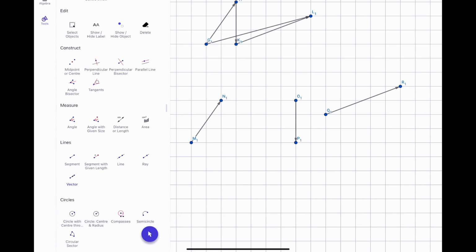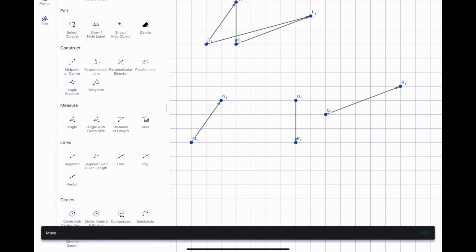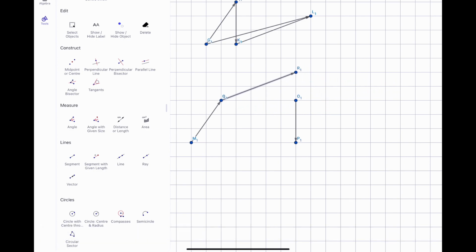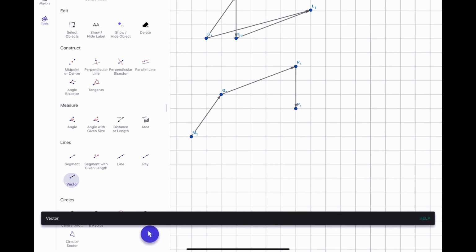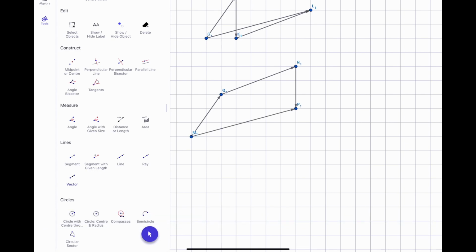Now let me just do it once more in a different way. So I will take this one first this time and put it here. And then I will take this one and put it here. And now I will connect this point to that point. So hopefully you can convince yourself, you can see it in the picture, the vector from G1 to L1 is the same vector as from M1 to P1.